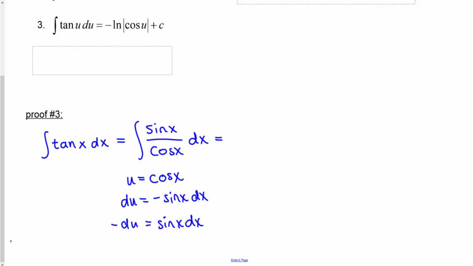So I can say negative. This is going to change into, so cosine gets replaced with u. Sine x dx gets replaced with du. Now, this is a logarithmic integral.